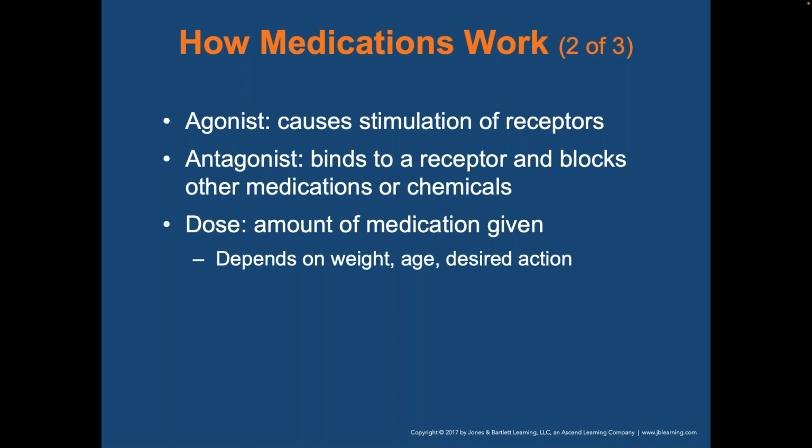But we do have the ability of administration for epinephrine for a pediatric, and our dosing would be a smaller dose than it would be for an adult. So that would be very dependent on the size of the patient, also patient weight as well. And then our desired action.